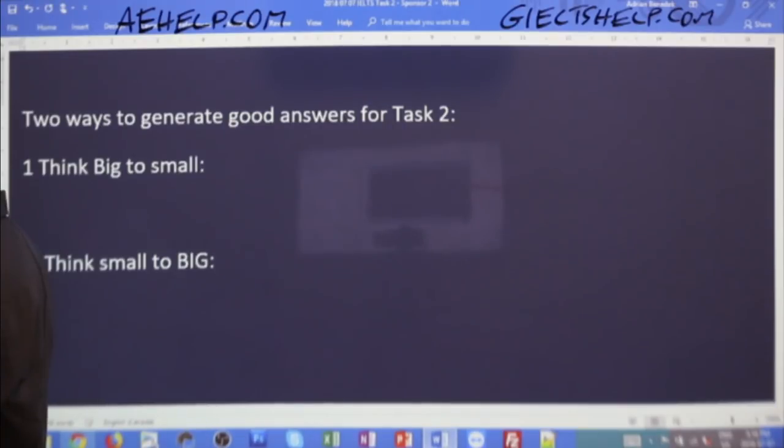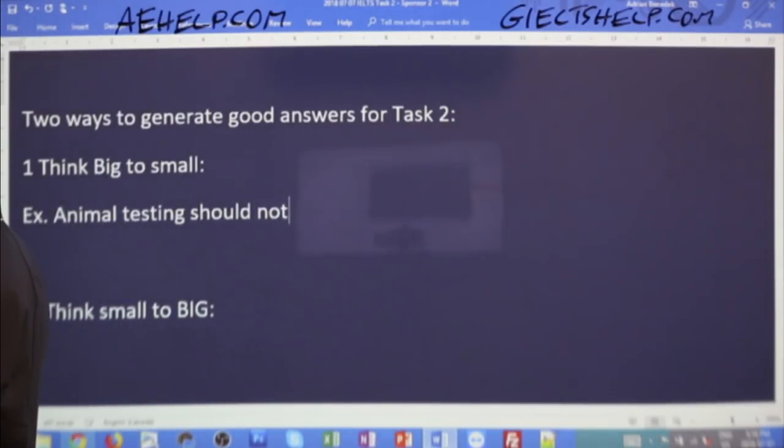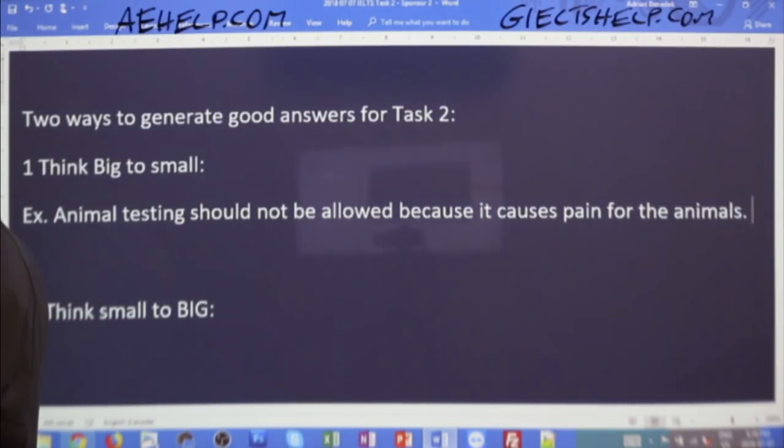Okay. So thinking big to small is, for example, animal testing should not be allowed because it causes pain for the animals. Okay?